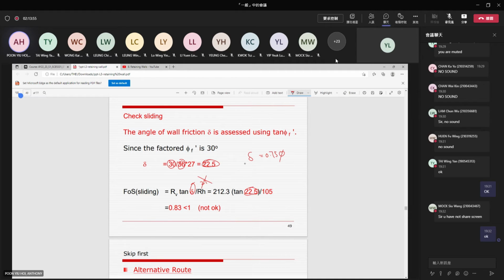After doing this, the factor of safety against sliding is 0.83. Less than 1 is not okay.